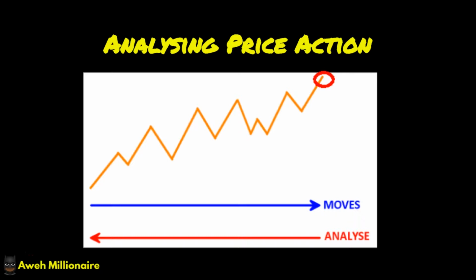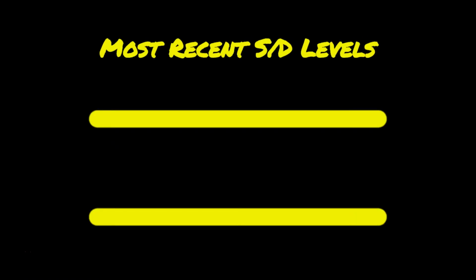So always analyze from the right to the left hand side of the price chart, which is why when we identify and draw the supply and demand levels, we always identify and draw the most recent supply and demand levels. The most recent supply and demand levels, not the demand levels from 5 years ago.